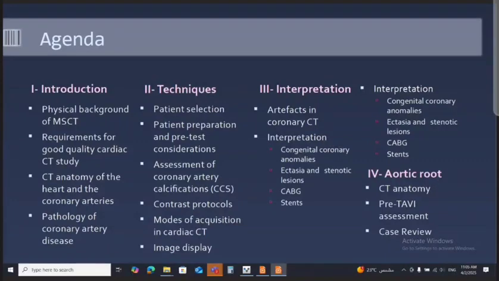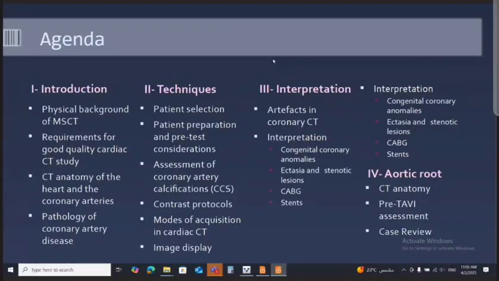The third session will be the interpretation of coronary CT angiography studies. We will discuss first the artifacts in coronary CT angiography, and will proceed to interpretation of congenital coronary anomalies, ectasia and stenotic lesions, CABG and stent cases.